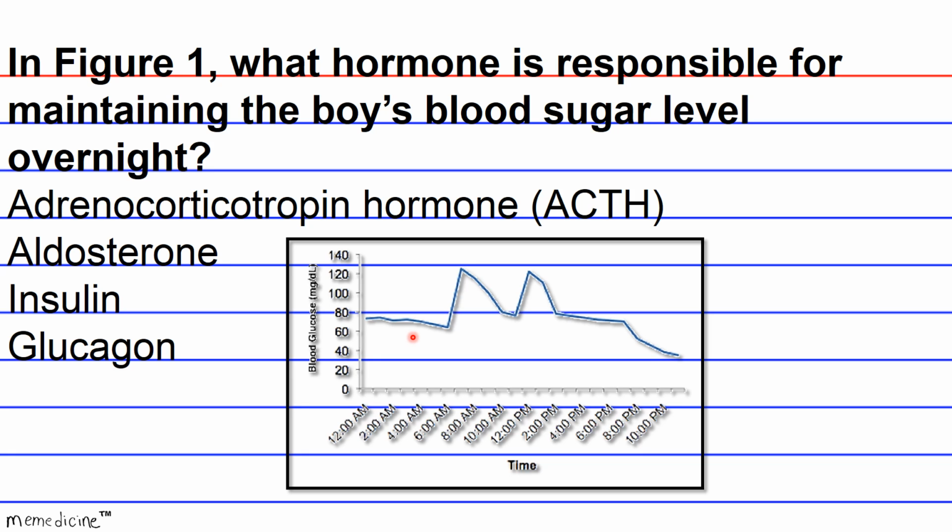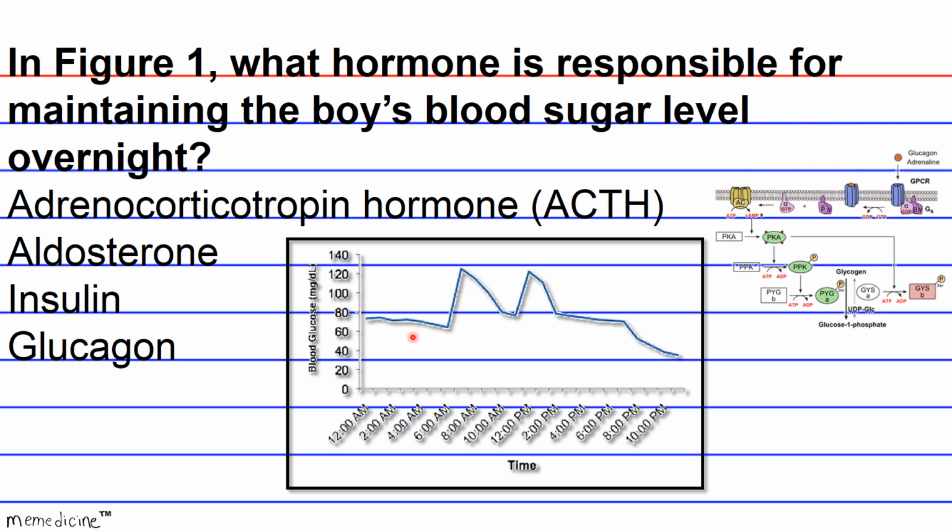So during this post-absorptive state, the body metabolizes energy storage forms, for example, triglycerides, fats, and proteins, okay? And turns it into glucose. So glucagon is basically the hormone that's going to do this.